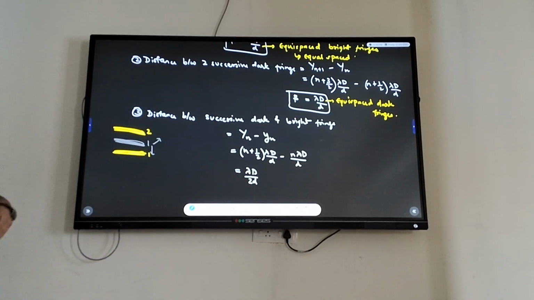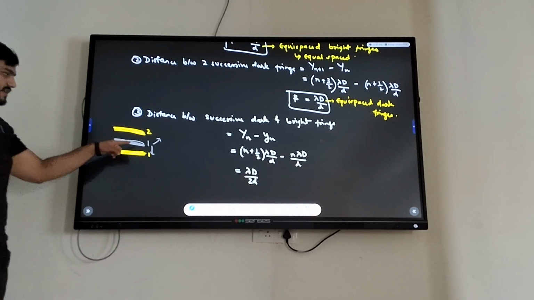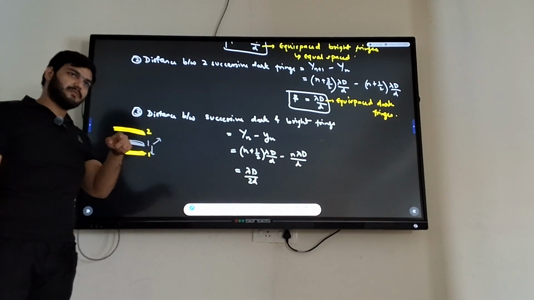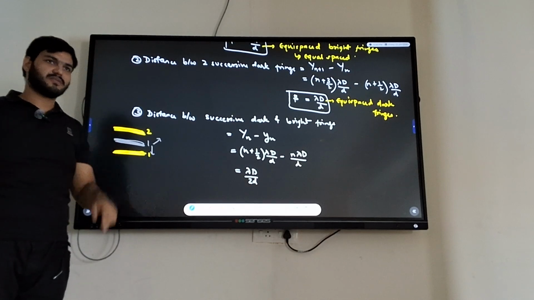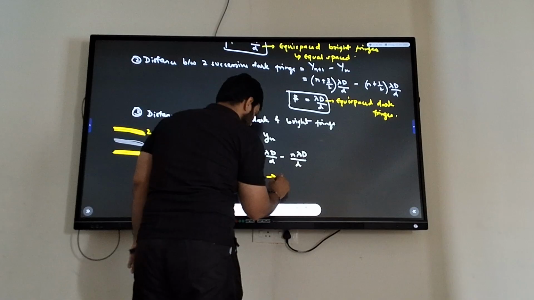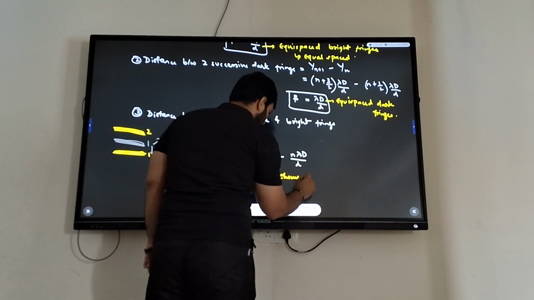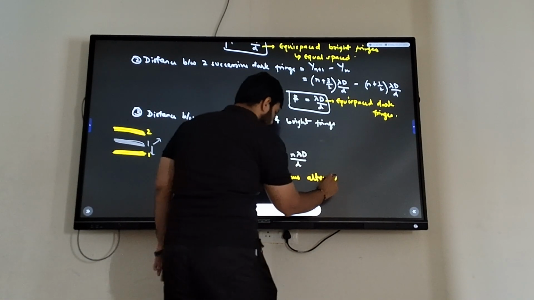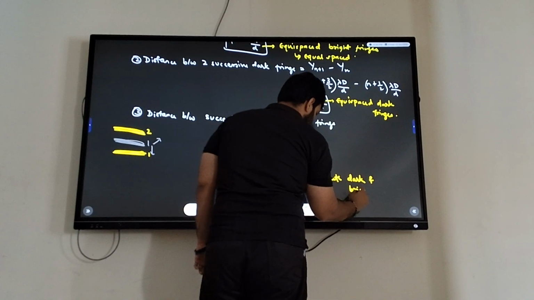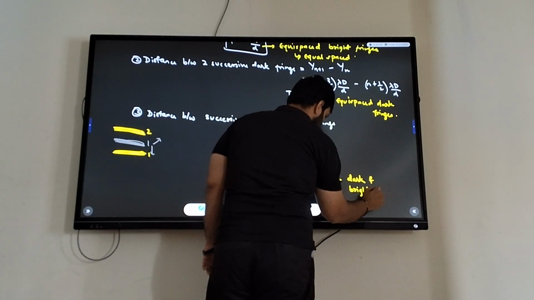So you can already guess, that means that the dark fringe falls in between two bright fringes and a bright fringe falls in between two dark fringes. So alternate dark and bright fringes.